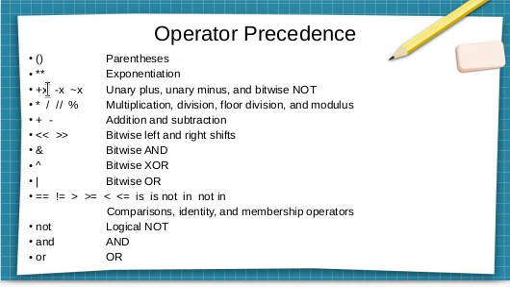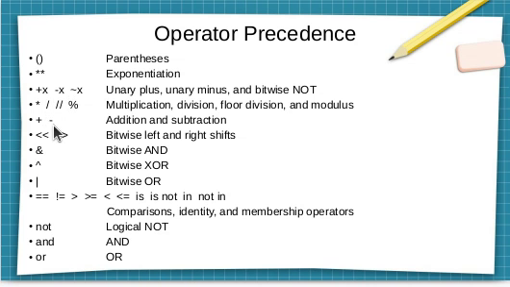Now operator precedence. If all of the symbols are present in one equation, which will be done first? This is the operator precedence, from the highest precedence to the lowest precedence. First, the operation in brackets will be done first, then the power operation, that is the exponential operation, x to the power y. After that unary plus, unary minus, or bitwise not, then multiplication, division, floor division, modulus.